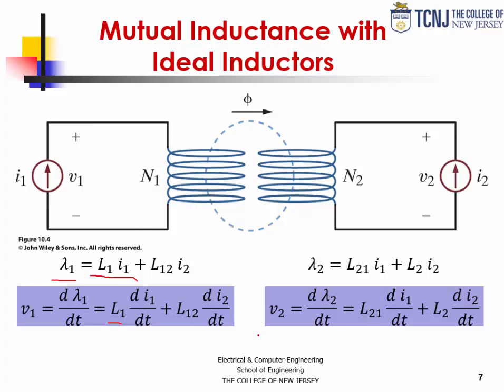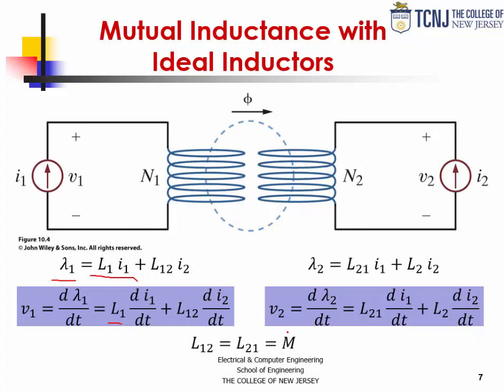On the secondary side, we can say that the voltage induced on the secondary is going to be the time derivative of the magnetic linkage on the secondary, and that is going to be equal to the mutual inductance times the time derivative of the current in the primary plus the inductance in the secondary times the time derivative of the current on the secondary.